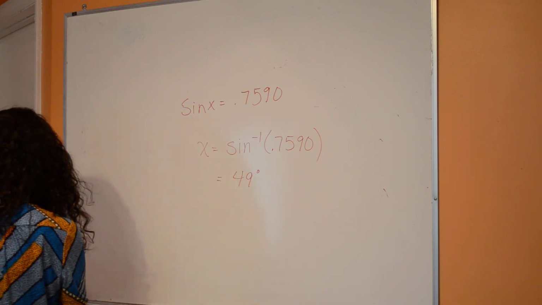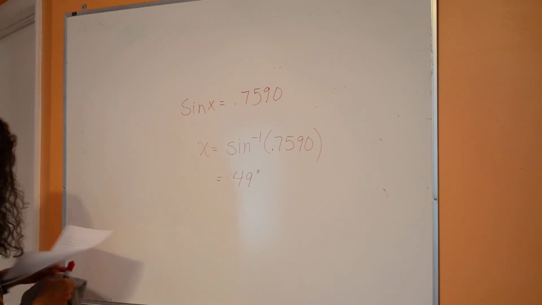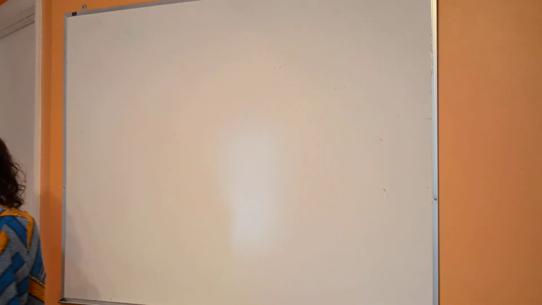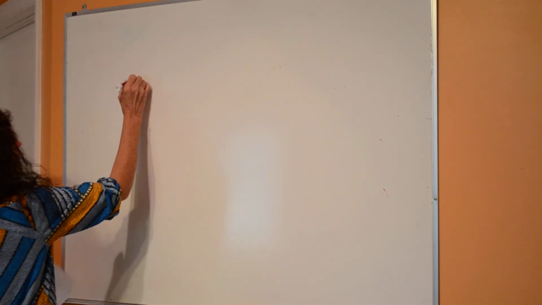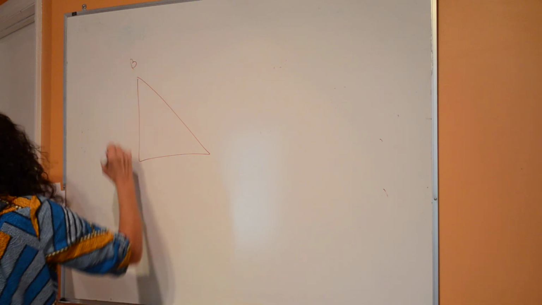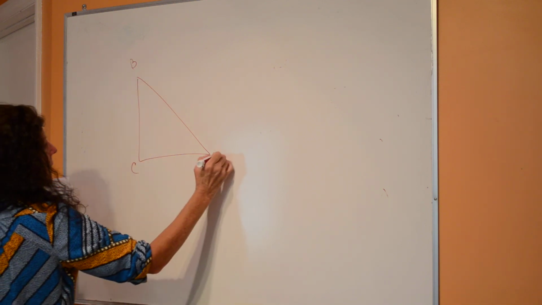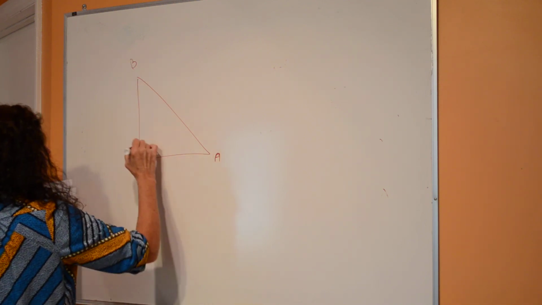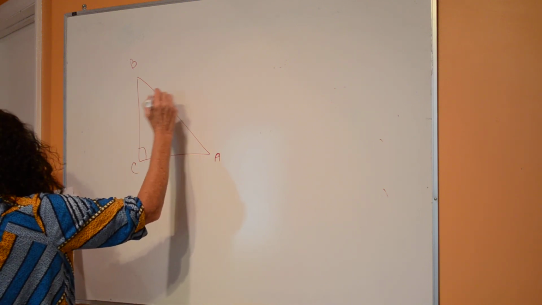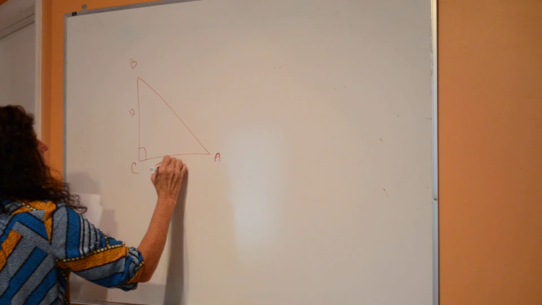Then, sometimes they use all this to ask you to solve for missing things in a triangle. So let's say they give you this triangle. They go, this is B, this is C, and this is A. And they tell me this is 12 and this is 9.